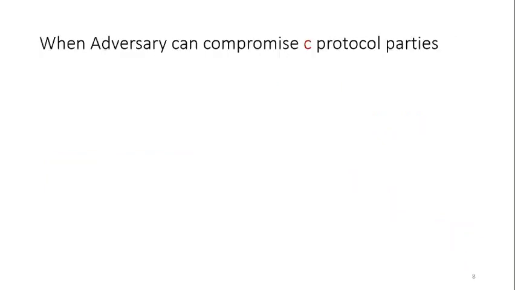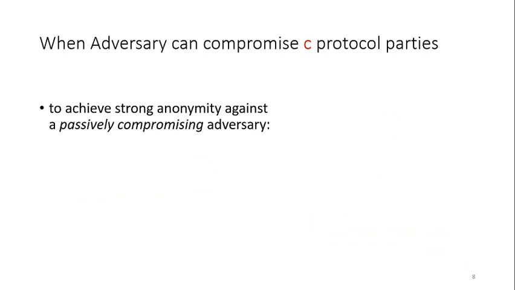Additionally, when the adversary can passively compromise some protocol parties, some nodes, when I say passively compromise, I mean that the adversary can see the internal states of those protocol parties, but the protocol parties still follow the protocol specification. In that case, strong anonymity is impossible with constant latency overhead.